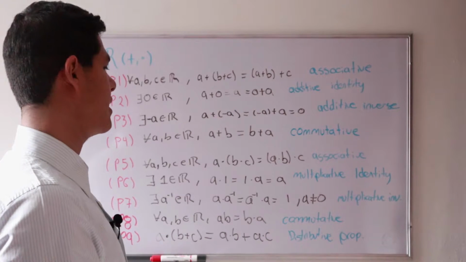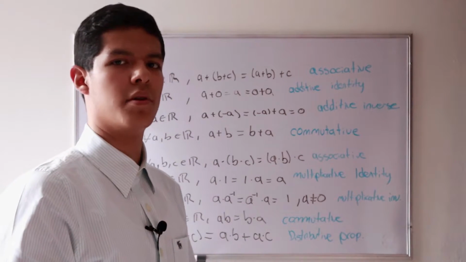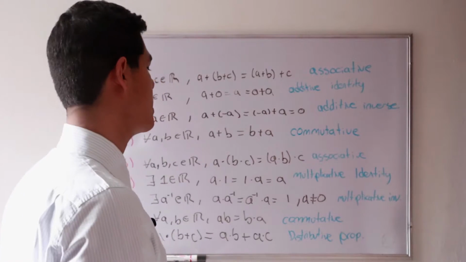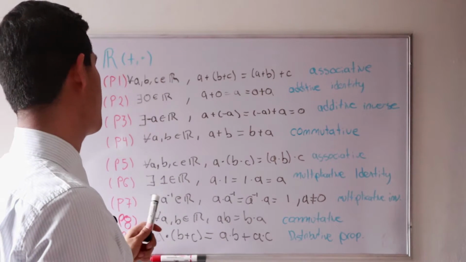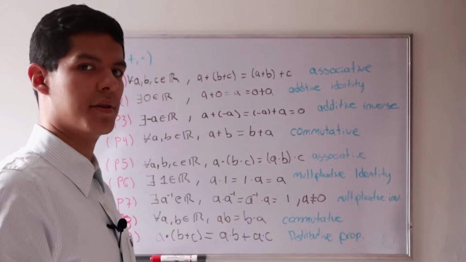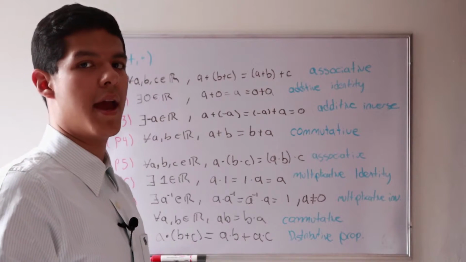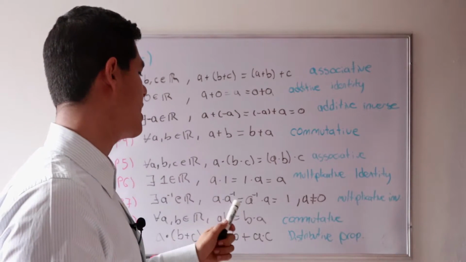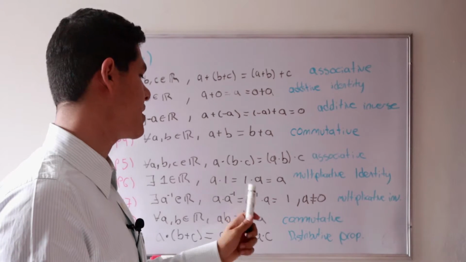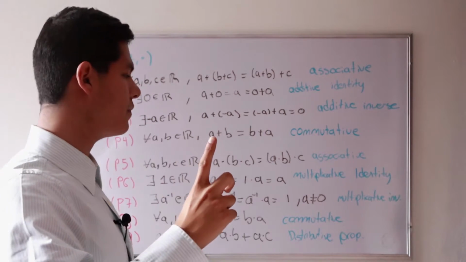The next one says the existence of the multiplicative inverse of multiplication. So for example, you have the existence of this multiplicative inverse in the real numbers, such as a times a^-1 equals a^-1 times a equals 1.